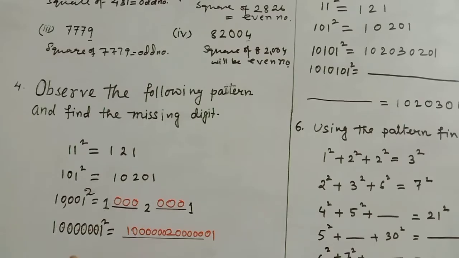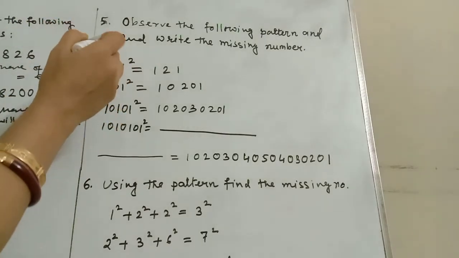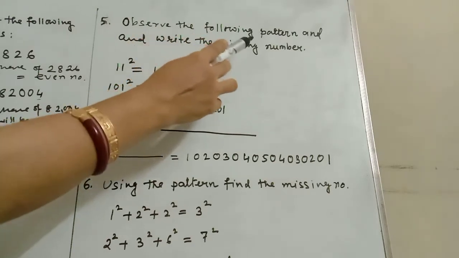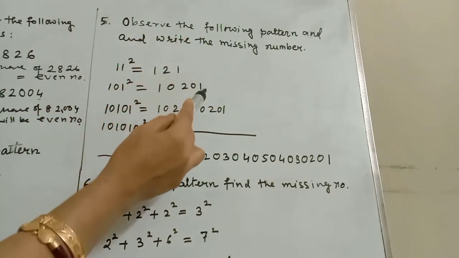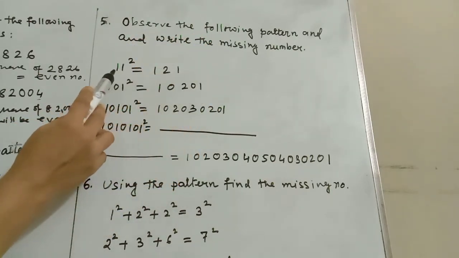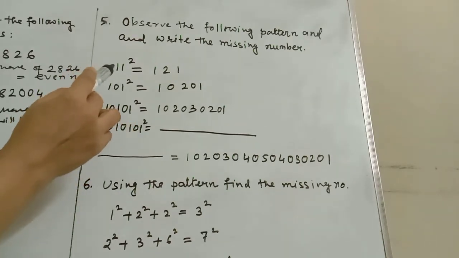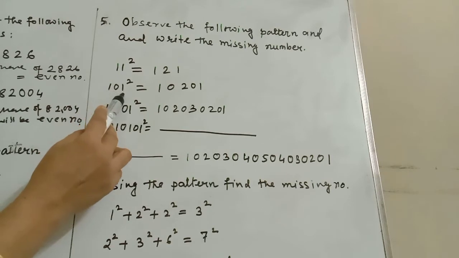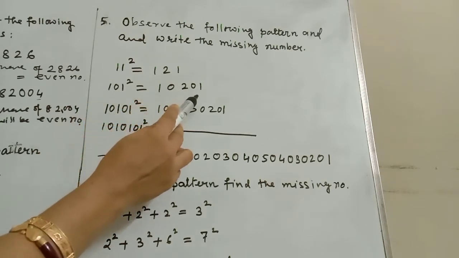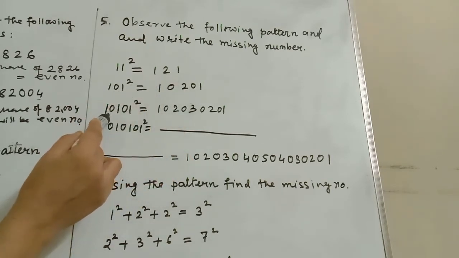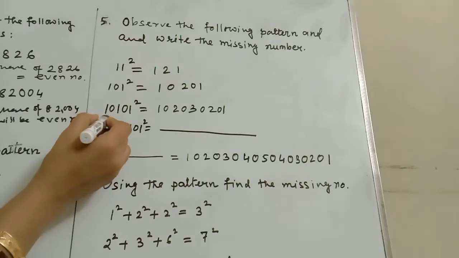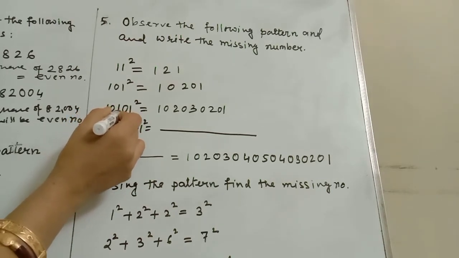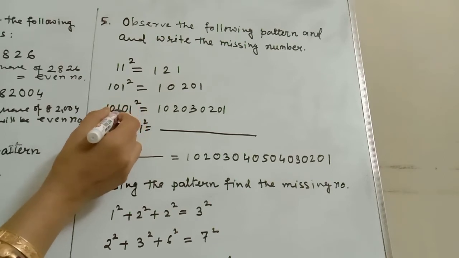Come to the next sum. Now question number 5. Same thing: observe the following pattern and write the missing number. See here also, as we have done in question number 4, 11 square is 121, 101 square is 10201, but here the number has been changed. Here I have written 10101 square.